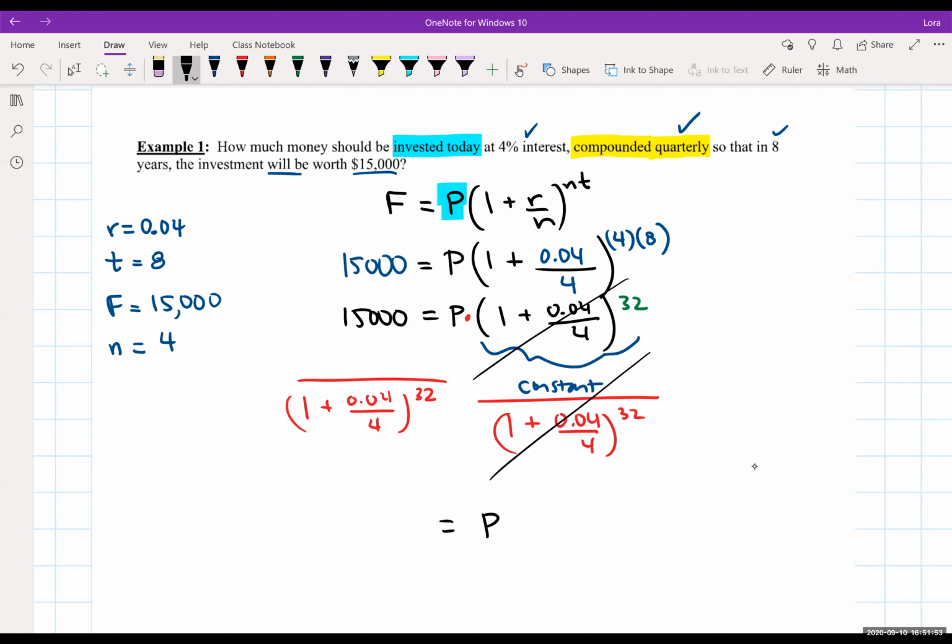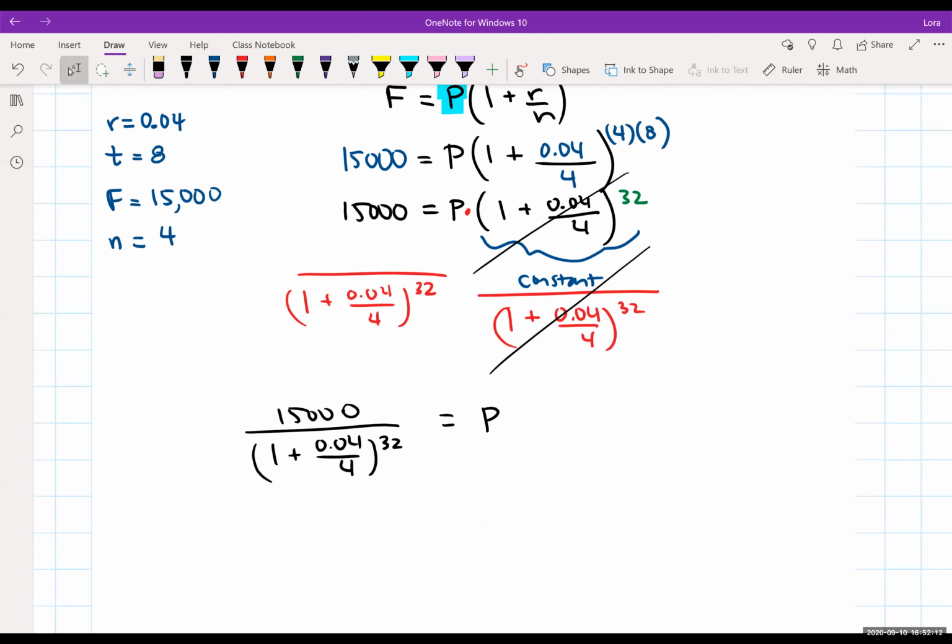P will equal this statement, 15,000 divided by 1 plus 0.04 divided by 4, all to the 32nd power. So I kind of want to show you what this looks like if you're trying to type it into the TI all at once. So let's switch over.